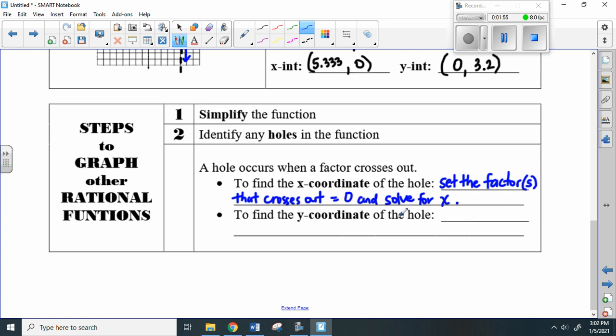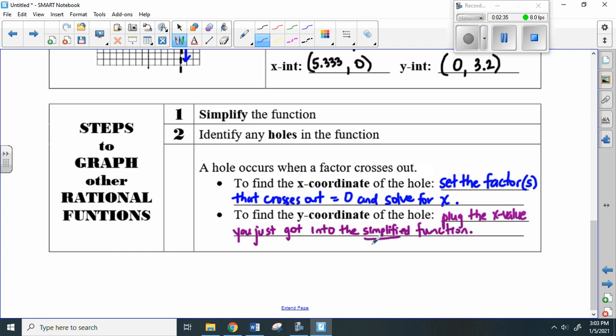Once you have the x coordinate, because this is a point, you need the y coordinate. So you are going to plug the x value that you just got into the simplified function, the function you got when you simplified earlier.